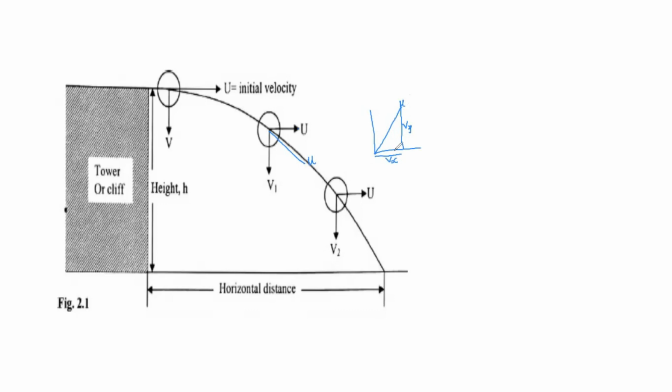If I resolve this along the horizontal component, if this is theta, then this is opposite, this one becomes the hypotenuse, while this is adjacent.